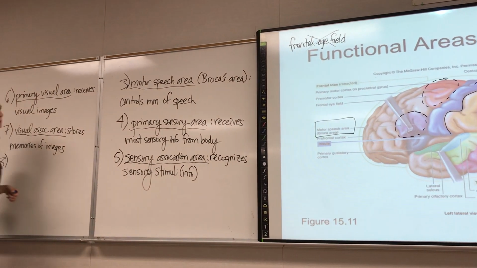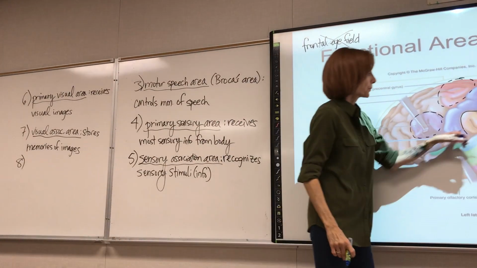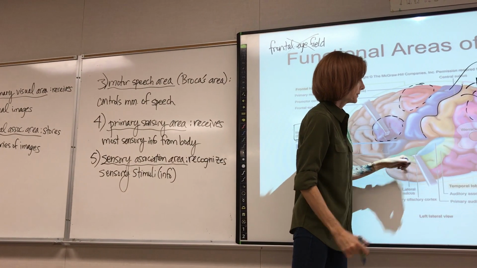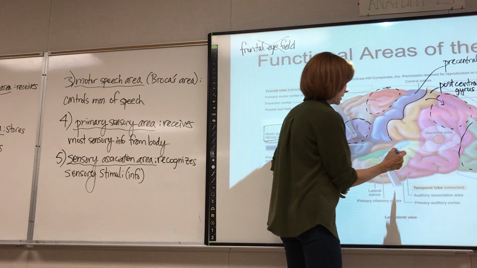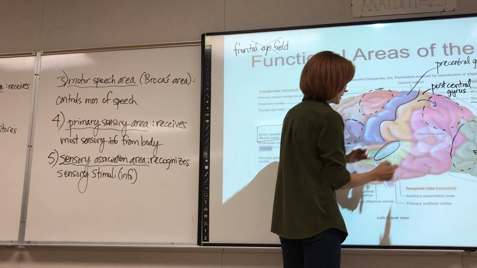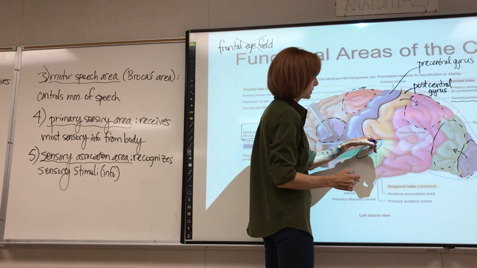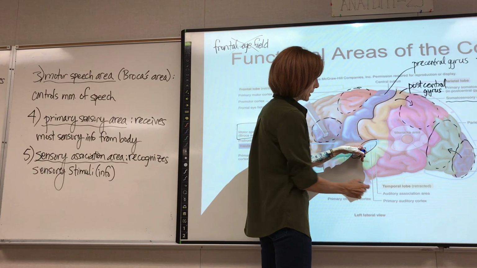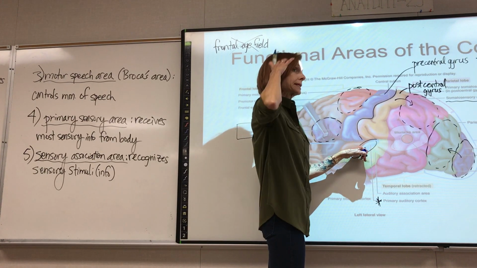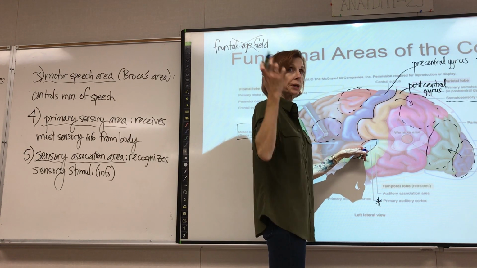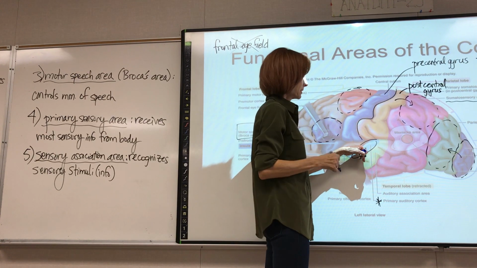Okay, and then the temporal lobe is similar, but this is going to be for auditory input. So this area here, you can see it kind of borders the lateral sulcus. This is the primary auditory area that first receives all of the auditory signals as they come in.